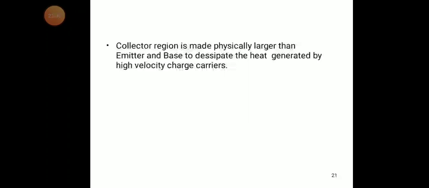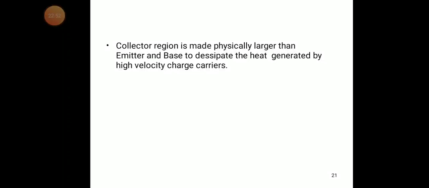The collector region is made physically larger than the emitter and base because it should collect all the charge carriers, and it needs space to dissipate the heat generated by high velocity charge carriers.